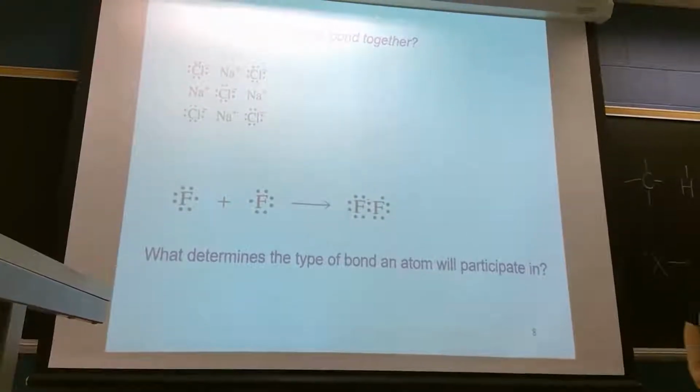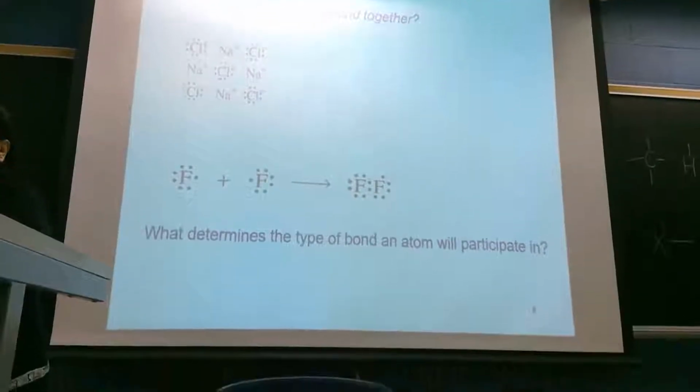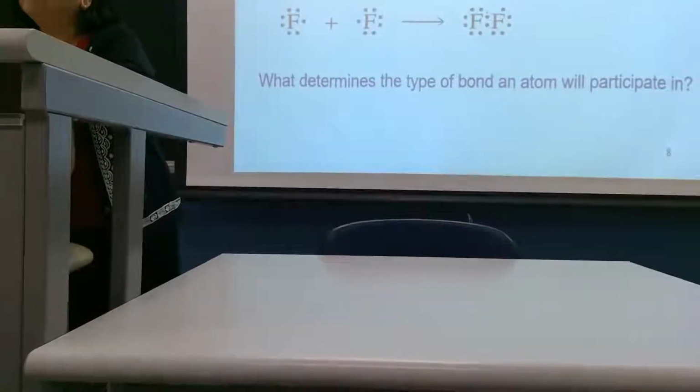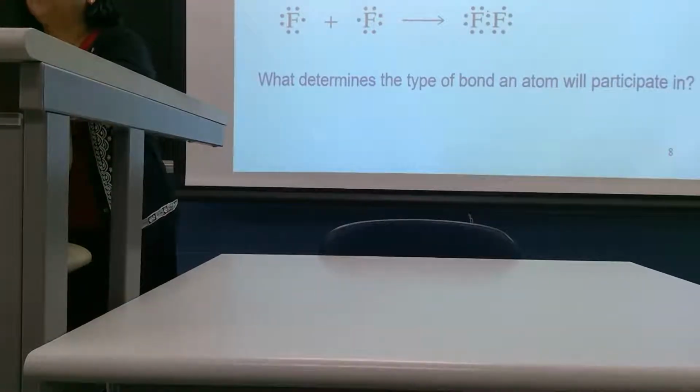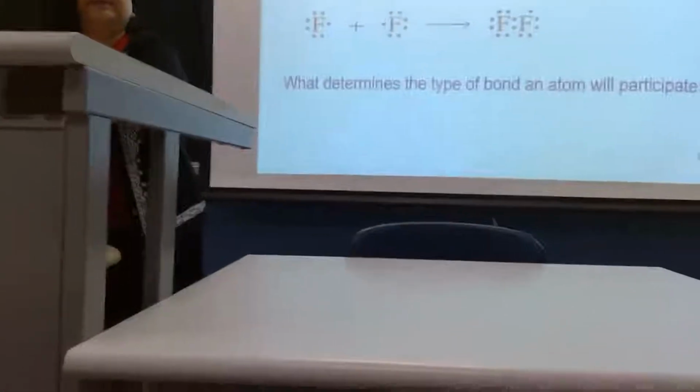So why do atoms bond together? Why do atoms bond to make compounds? Because of the charge, but even if they don't have a charge, they will bond. Why?